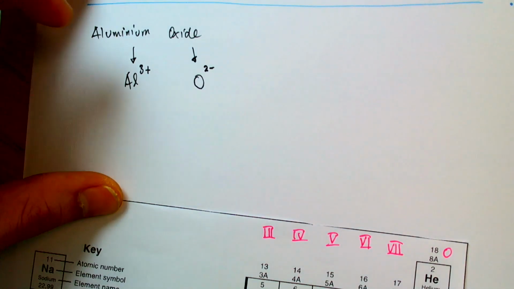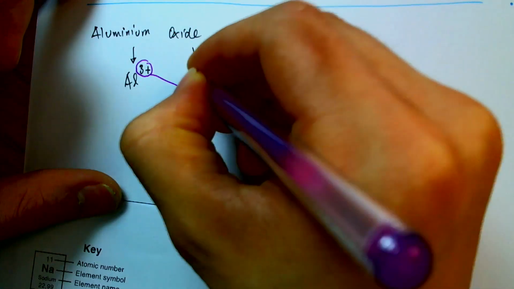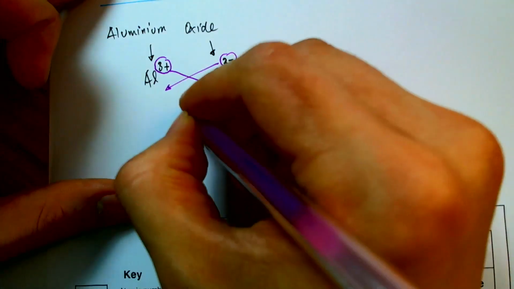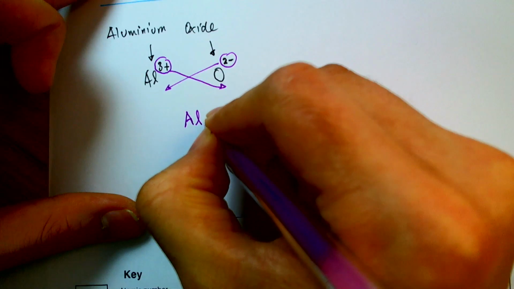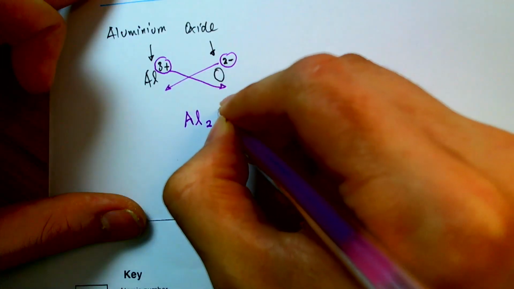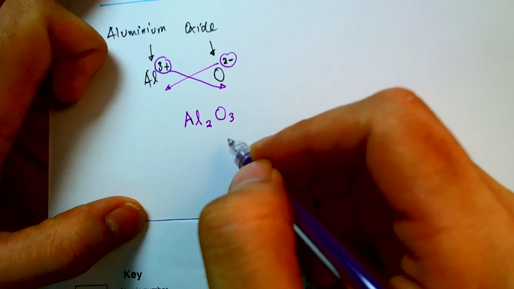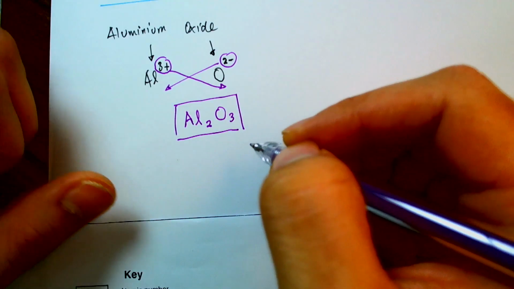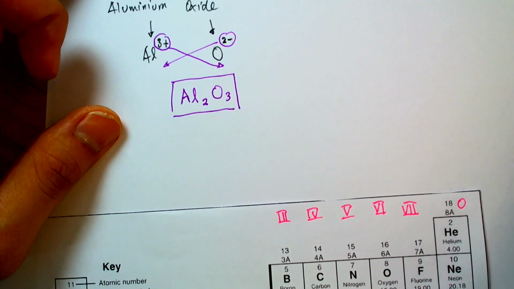Now I can take the shortcut method here: bring the 3 down there, bring the 2 down there, and I find that my formula for aluminum oxide becomes Al2O3. Since the ratio is 2 to 3, I can't simplify this anymore, so I'll just leave it as it is. That would be the formula for aluminum oxide.